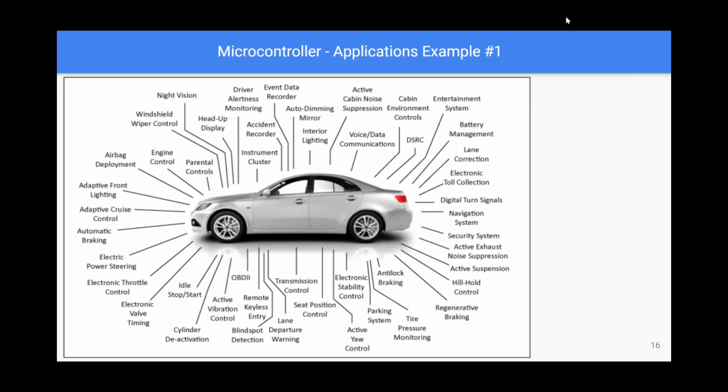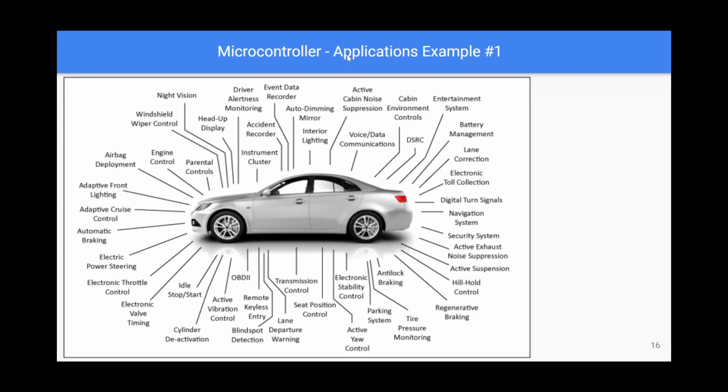Okay, so let's talk about more applications of microcontrollers, and I'm just showing you here a vehicle. It can be a gasoline vehicle, hybrid, or electric. Irrespective of that, all these features you see here are microcontroller driven.